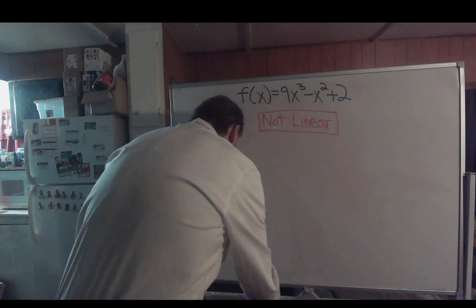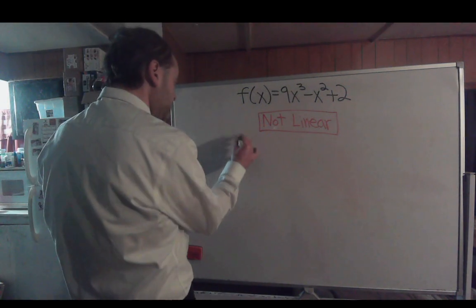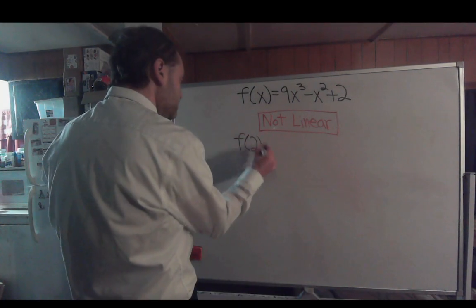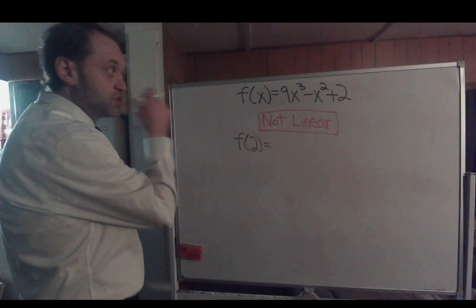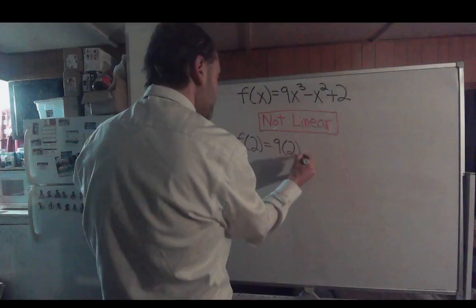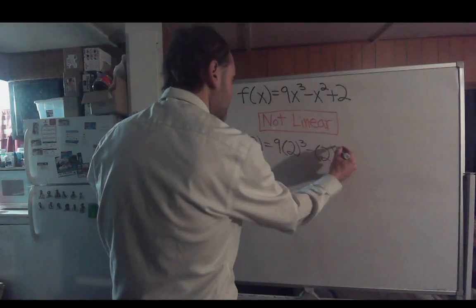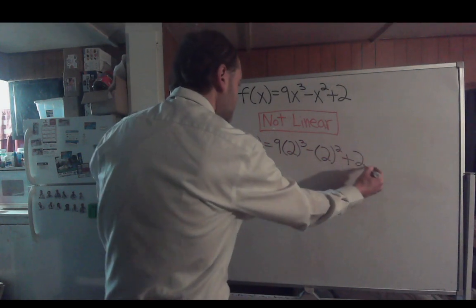Not at all. But what if we were asked to find, in this case, f of 2? So let's take f of 2. Just put the 2 in for x. That'd be equal to 9 times 2 to the third power minus the quantity of 2 to the second power plus 2.